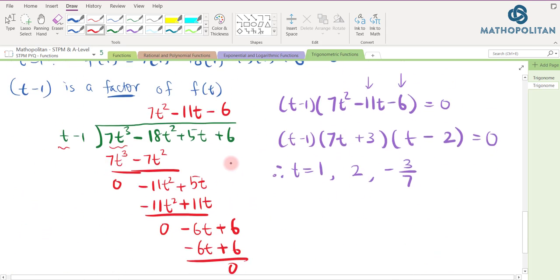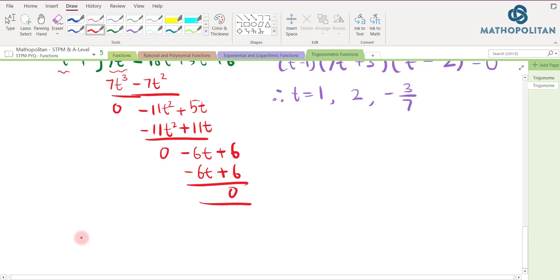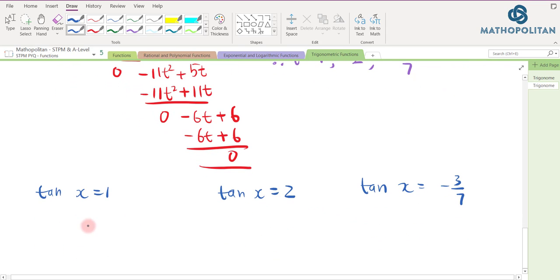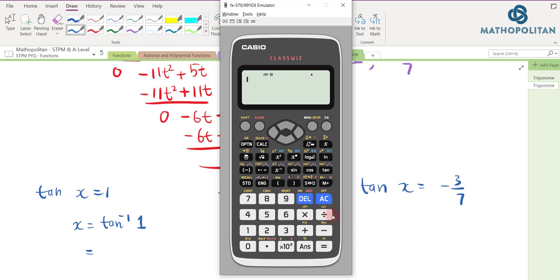Right, so let's convert back. For tangent x, we have tangent x equals 1, tangent x equals 2, and tangent x equals negative 3 over 7. If you take x equals the inverse tangent of 1, it should be equal to 45 degrees, but let's show that. I'll press shift tangent 1, so that's 45 degrees.